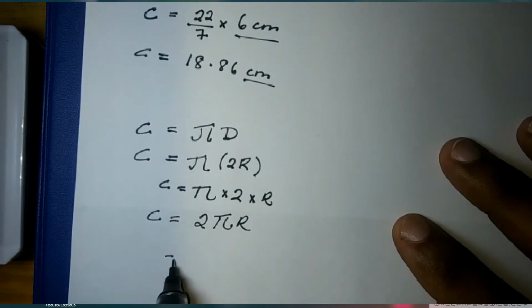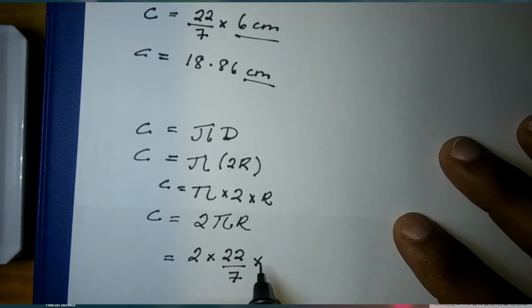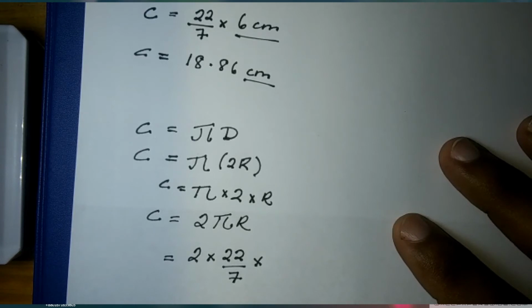So we know that pi is 22 divided by 7. And just following this formula, 2 times 22 divided by 7 times my radius. Now, remember that our diameter was 6. So if I divide 6 by 2, I'm going to get 3.